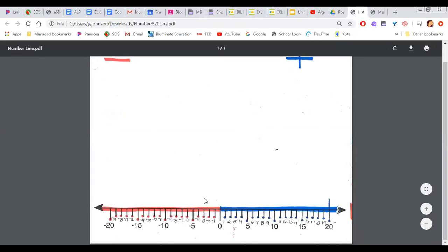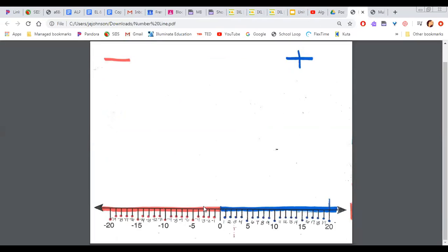So if I have my number line, I start at -3, that's my start. My change is positive 24. I'm adding 24. So I'm moving to the right.